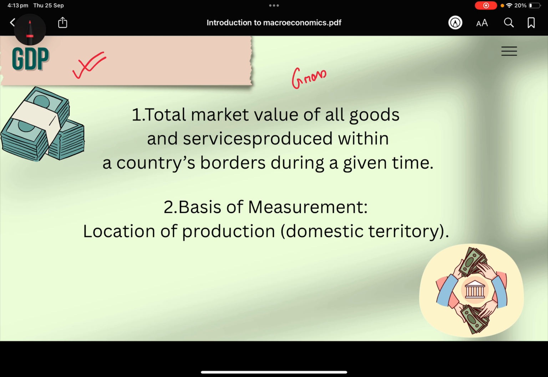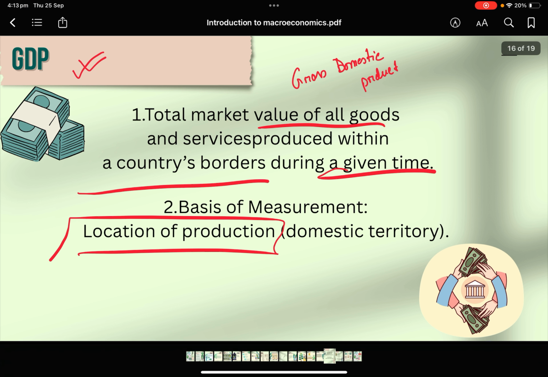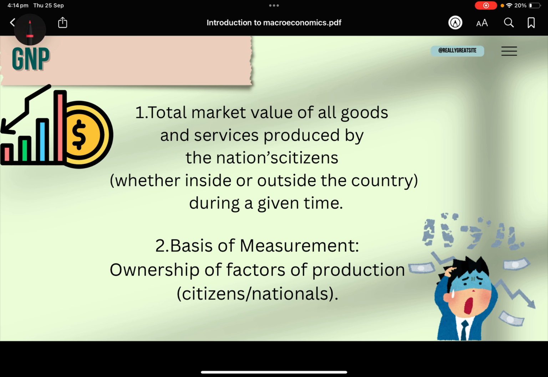GDP means gross domestic product: the total market value of all goods and services within a country's border during a given time. So basically the measurement is about the location of production, whereas GNP's measurement is on the basis of ownership and factors.